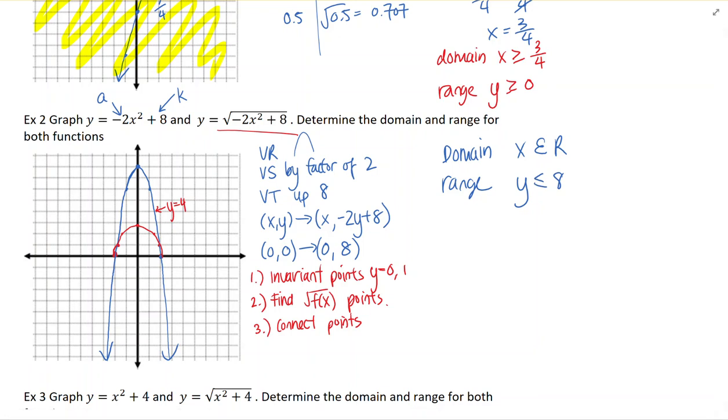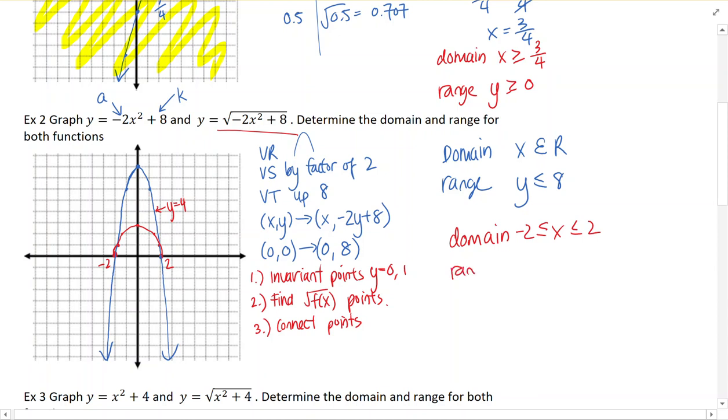All right. Next is the red, or square rooted, graph. Now with the domain, it's going to be in between the x intercepts, and we know here is 2 and here is -2, so x is going to be between -2 and 2.